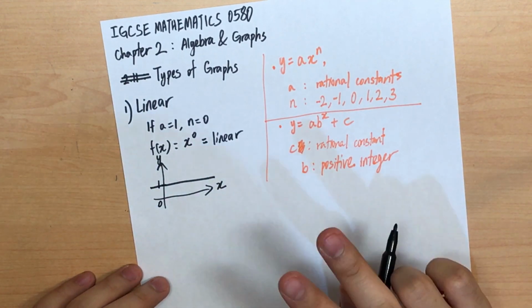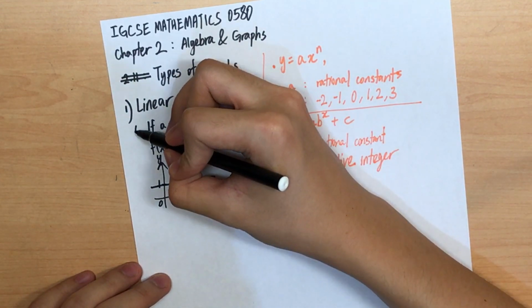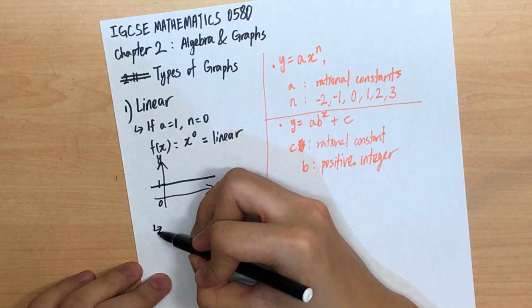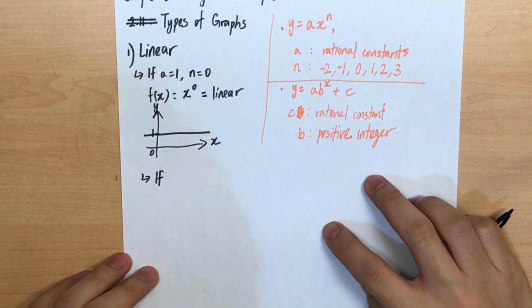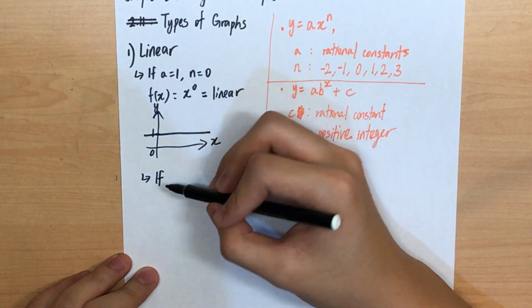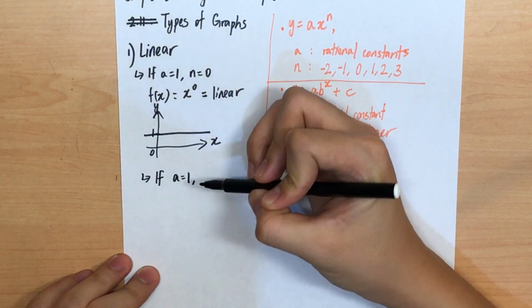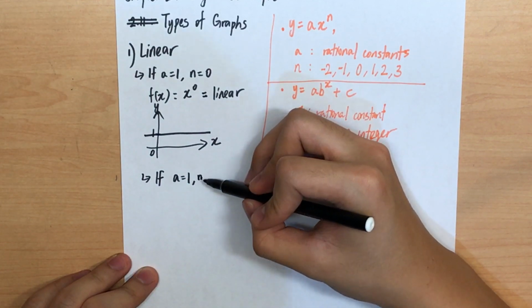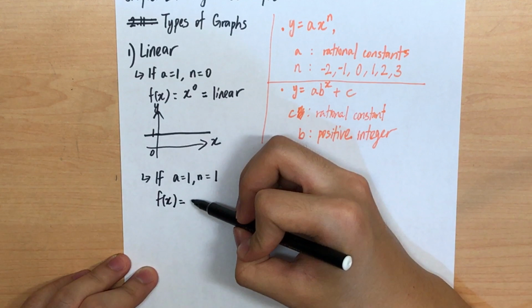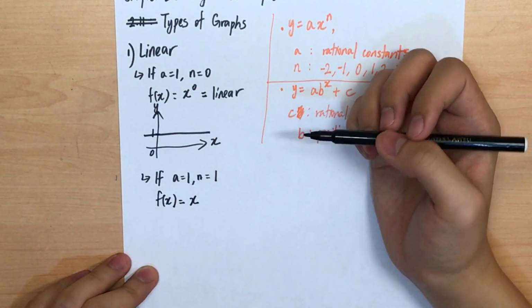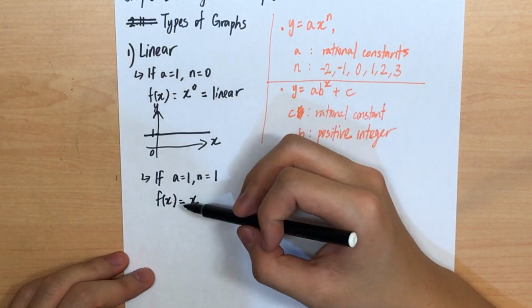The second type of linear graph is when a is 1 and n is 1, so you have f(x) equals x to the power of 1. I shall not write the 1 here.